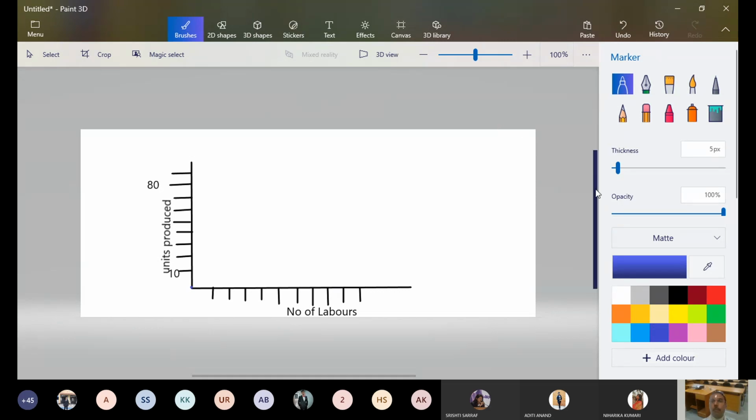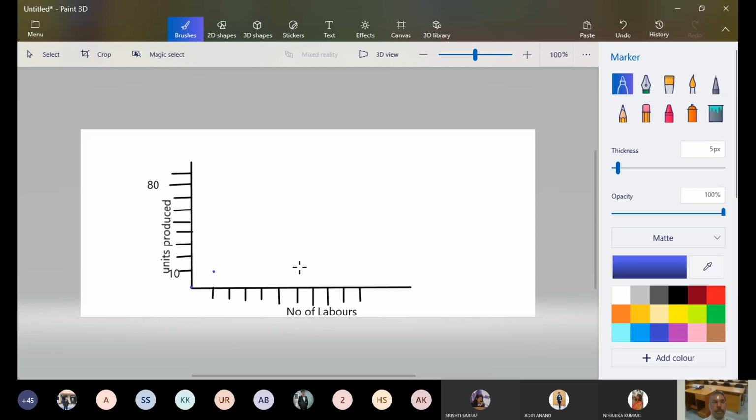Then we go for the next, which is 10. So here 10 is here, and here this is 1. So when labor is 1, it is 10. So it will be at this point.